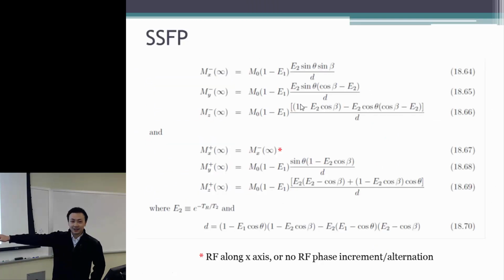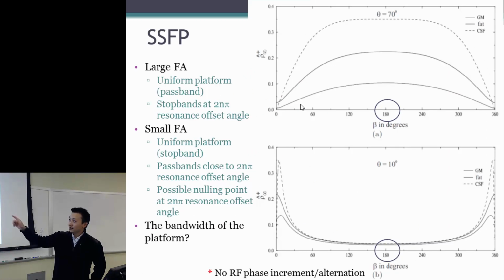Because we are applying the RF pulse along the x-axis only, for the on-resonant spin here we actually have low signals. So if we have a perfectly homogeneous field, everything is on-resonant, we only get very low signals out of it, even if we use a very high flip angle.